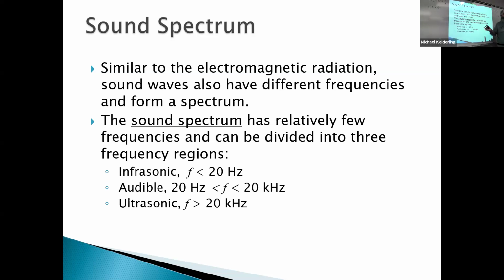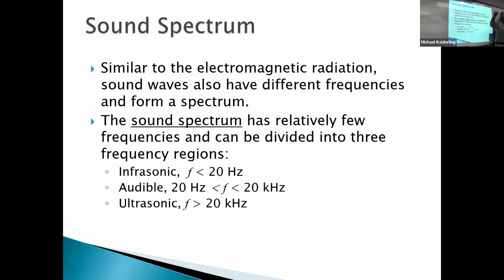Audible sounds, so human hearing ranges from around 20 hertz to around 20 kilohertz, though that upper end is not as high as you get older, or if you're like me and have not treated your ears as well as you should have. And then above that, there's ultrasonic.